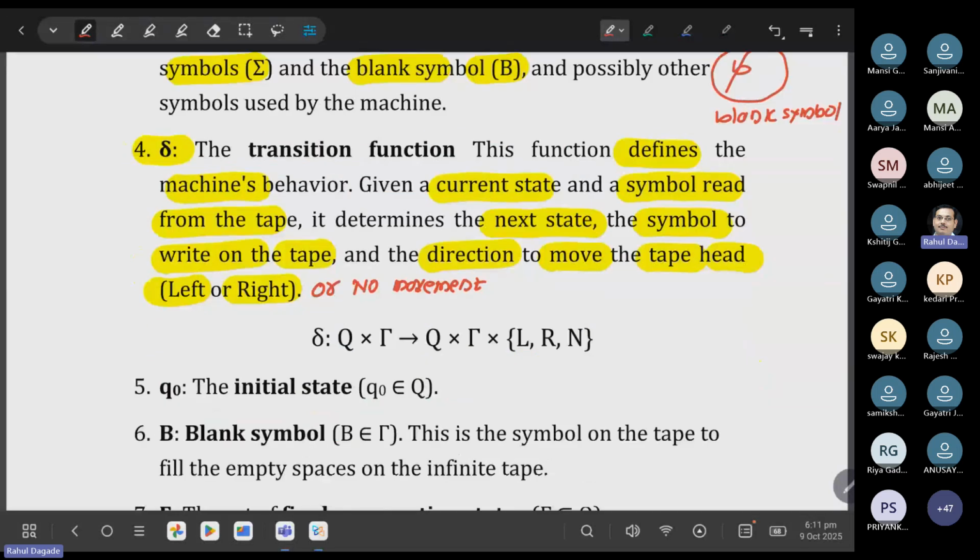So it is represented like this. That is, it is a combination of Q cross tau. That is, it takes the state and input symbol, or tape symbol, and it gives us the state, then the updated input symbol, and also the movement of the head.